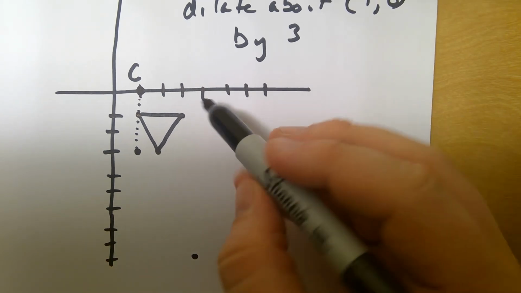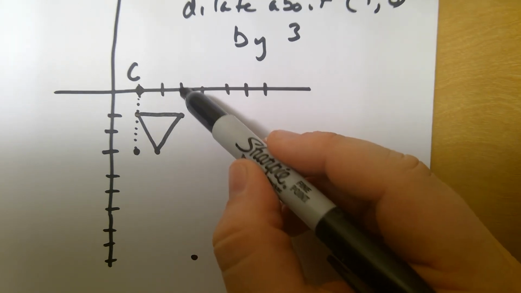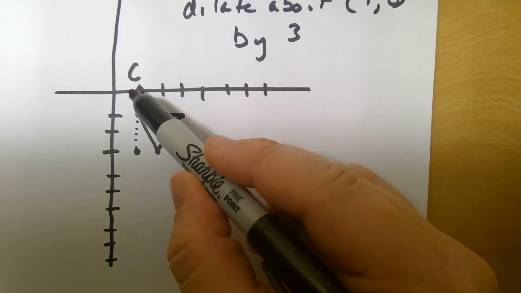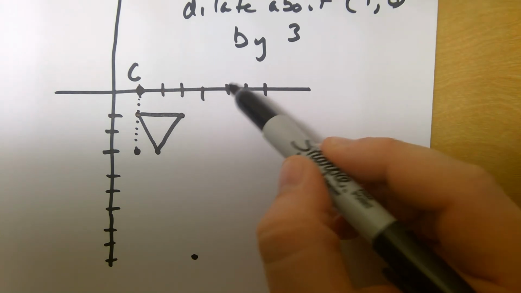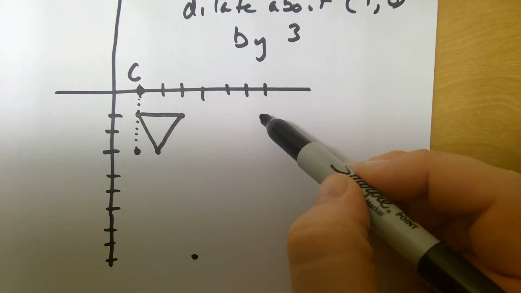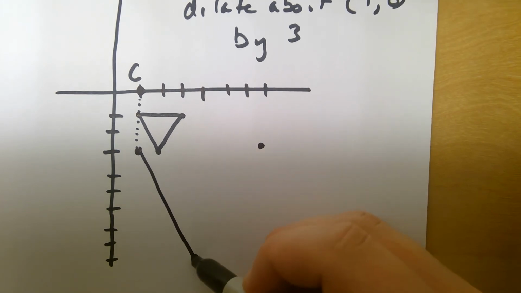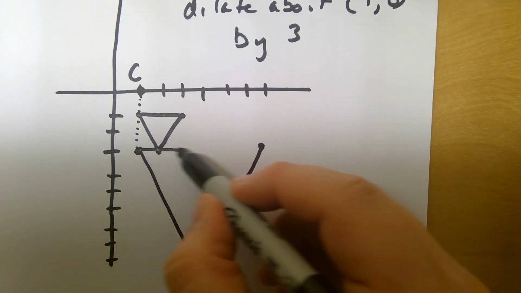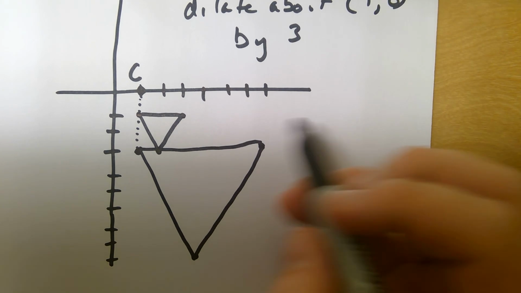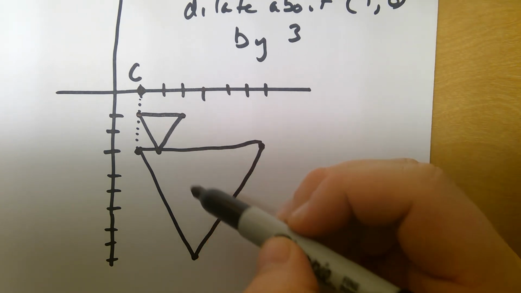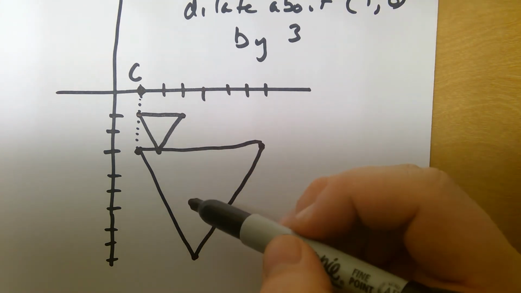Okay. And then our point over here is 2 away and 1 down. So it should be 6 away, 1, 2, 3, 4, 5, 6, and 3 down, 1, 2, 3. Now notice about the sides and the pre-image and the image. They all are proportional.